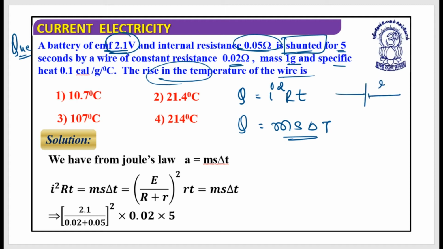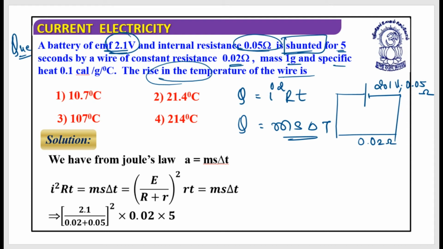This is the battery of 2.1 volt, connected with the internal resistance of 0.05 ohm, and it is shunted for 5 seconds by a wire of constant resistance, which is of 0.02 ohm.